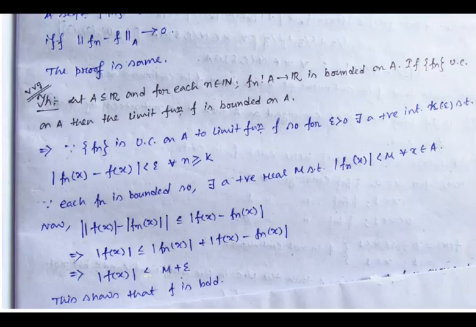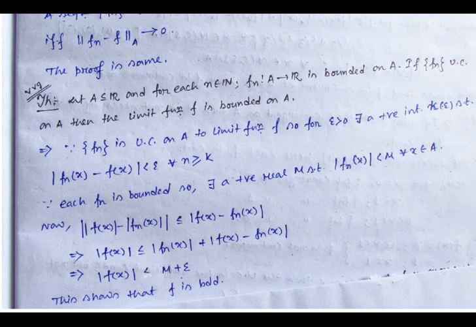Let us start with one of the consequences of a sequence of functions, that is, the boundedness of the sequence of functions and its effect on the limit function. So what is the statement of the theorem?